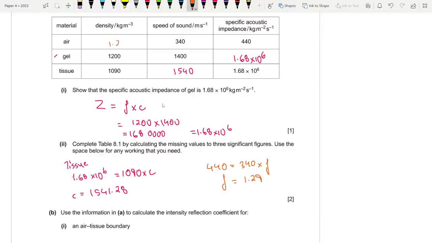So that's it. 1.29 and 1540. That's that. So why was it given to 3SF? As you can see in the data, 3SF, 3SF, and this was also in 3SF. And they did tell us missing values to 3SF. I totally overlooked that, my bad. That was already mentioned.